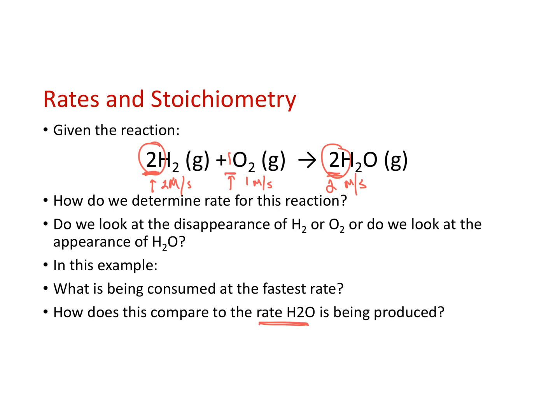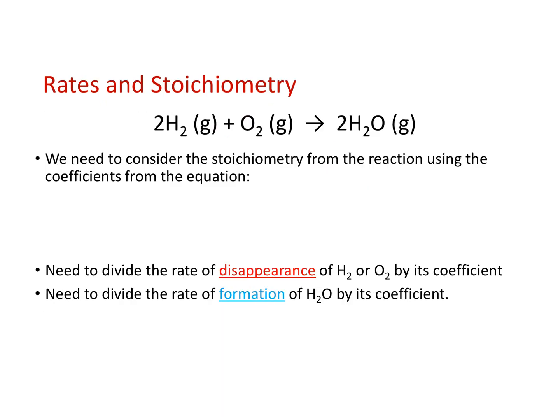So those would have equal rates. The disappearance of hydrogen would equal the appearance of water in this case. And if we compare that to oxygen, the appearance of water would occur at twice the rate of the disappearance of oxygen. We can get that information right from the coefficients from the balanced equation.